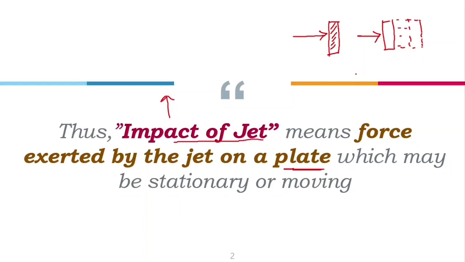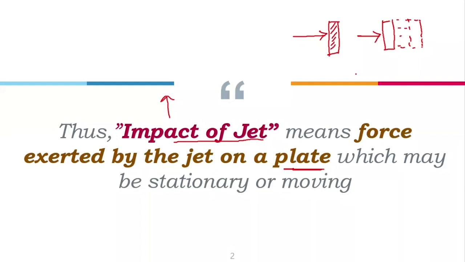Imagine when the fan is rotating, so the blades are moving, the wings are moving, then you are exerting force on it. You are exerting the same water pipe force on the blades of the fan when it is in motion. So either of the cases, one time the surface was at rest, means the plate was at rest. On the other hand, the plate was moving. So in both the cases, the force exerted by the jet of water will be considered.